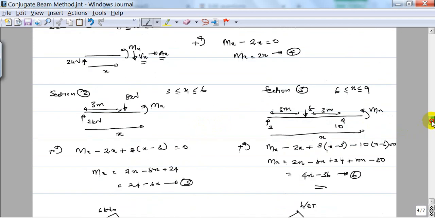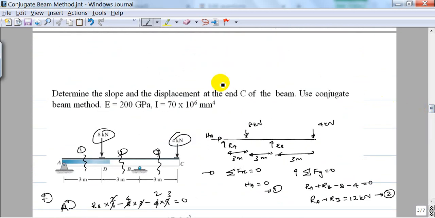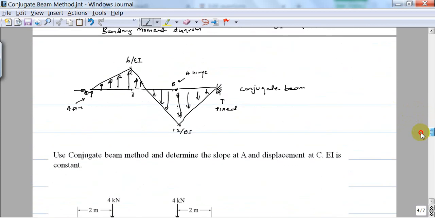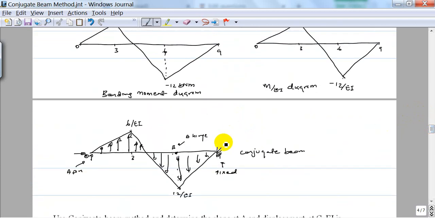So now my question is, we need to find slope and displacement at the end C of the beam. Means that if I find the shear force and bending moment at this point C, that's enough. Okay, so let's do that one.